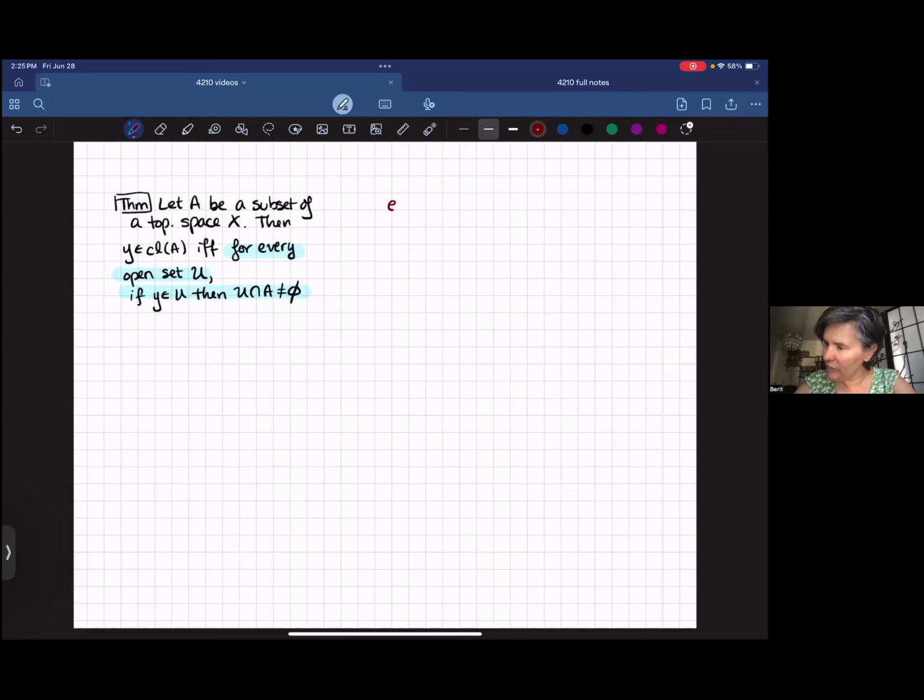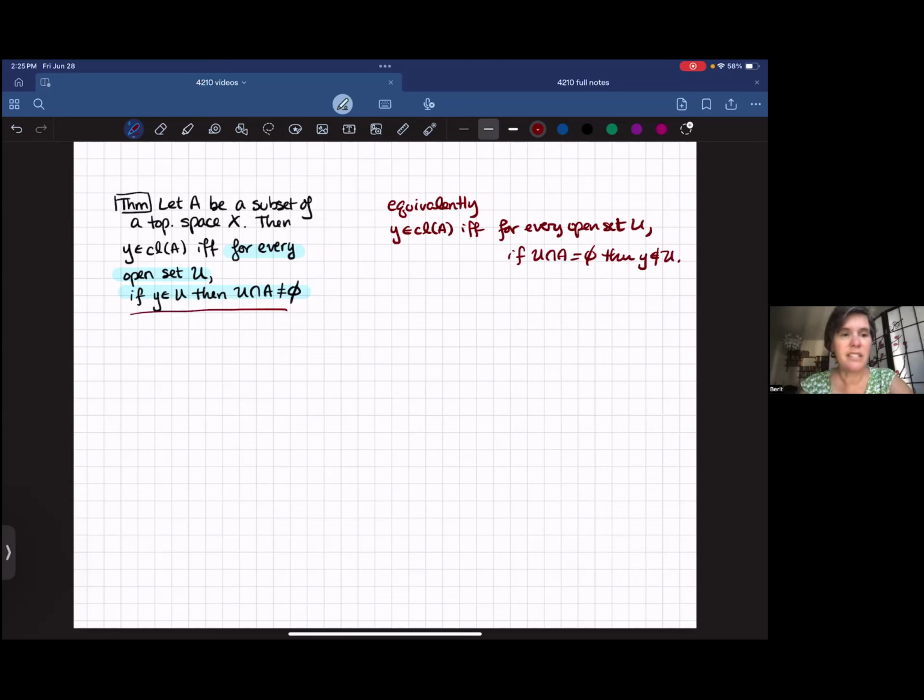So I can say equivalently, Y is in the closure of A if and only if for every open set U, if U intersect A equals the empty set, then Y is not in U. Okay, I just took the contrapositive of this if-then statement. So that would be another way that we could phrase it, and that might be useful.